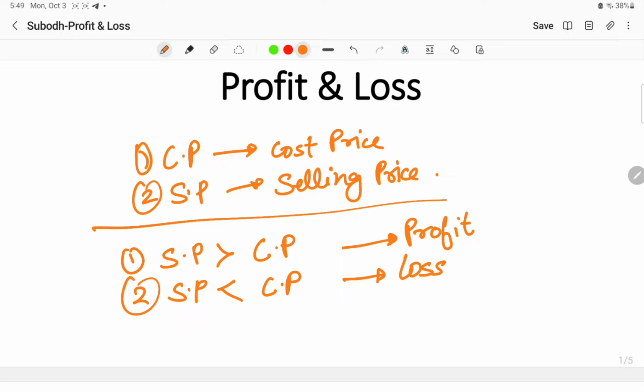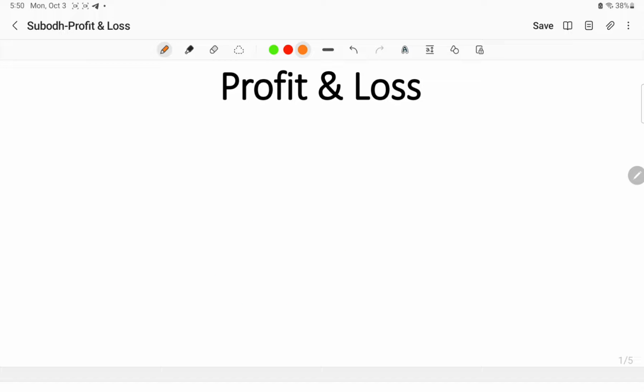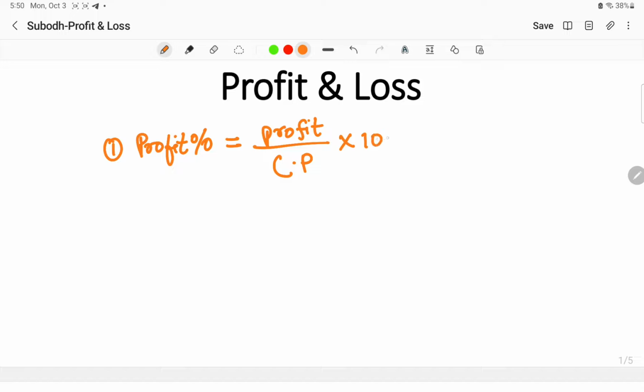In the profit and loss topic, you always find the profit and loss in percentage form. There are very few questions where you have to find profit and loss in numbers. Now let's see how to calculate profit. For profit percentage, always keep in mind: profit percentage on the left hand side, and the profit that you get after dealing, in the denominator there is cost price, and multiply by 100.